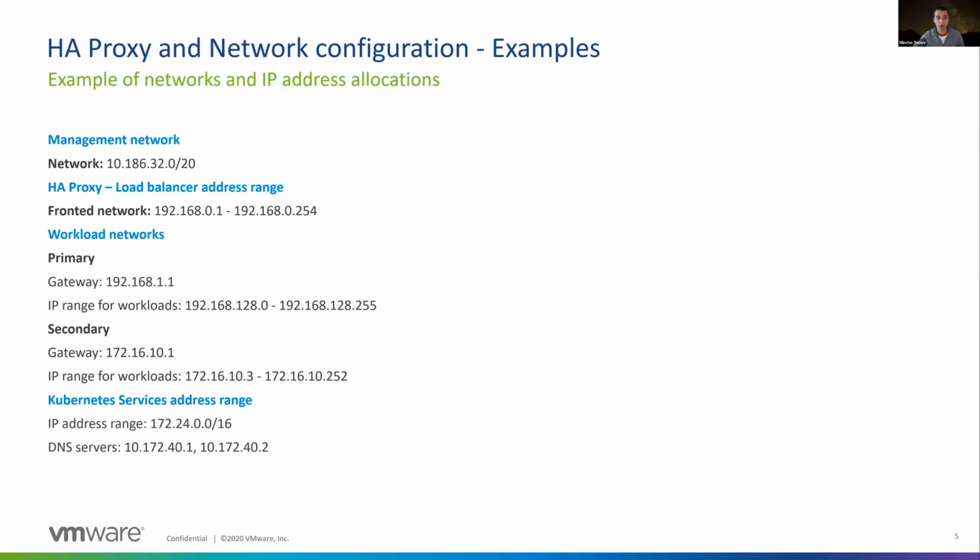In my example, I will use two types of workload networks, just to show that we can have several namespaces with different networks. And since we are deploying Kubernetes cluster, we have to have the services address range. We should provide them to the Kubernetes.